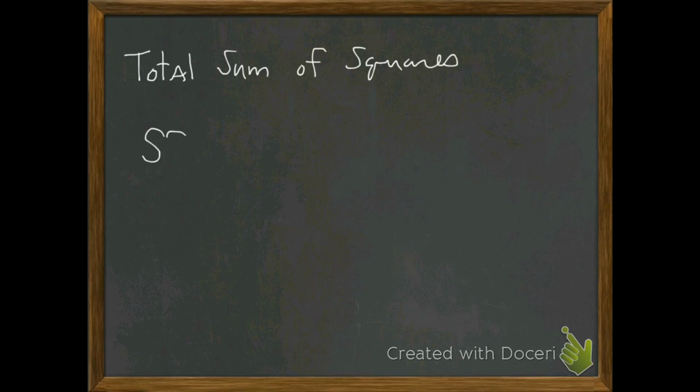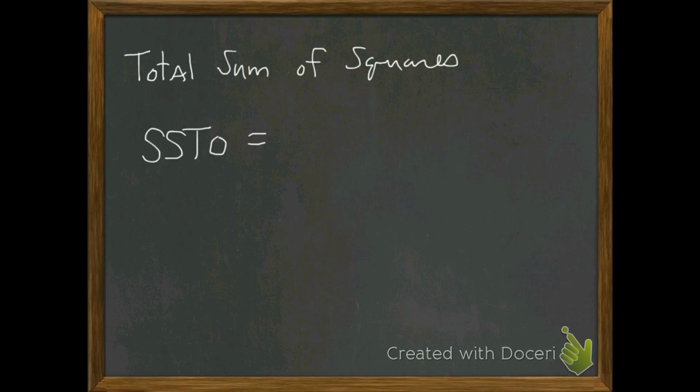And ultimately what we've done is we've looked at the sum of the vertical distances squared. Well, guys, that leads me into what we call the total sum of squares for a regression. So, guys, we call this sum of squares total.